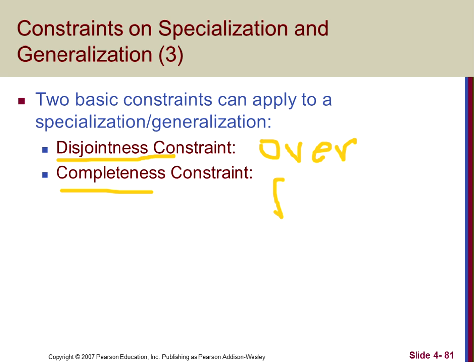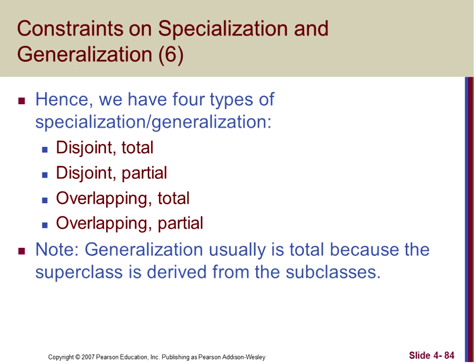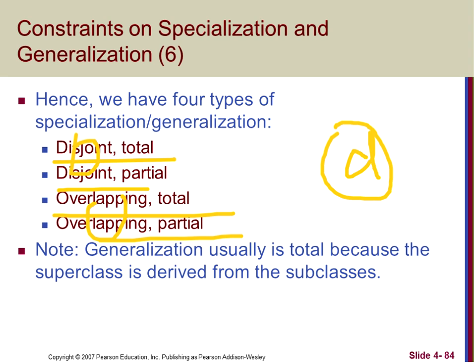Completeness means full or partial; that is the constraint you need to determine. Okay. So there are four different combinations: disjoint total, disjoint partial, overlapping total, overlapping partial. At this time, disjoint or overlap can be represented by a circle with D for disjoint or O for overlap. And total or partial can be represented by a single line or a double line.